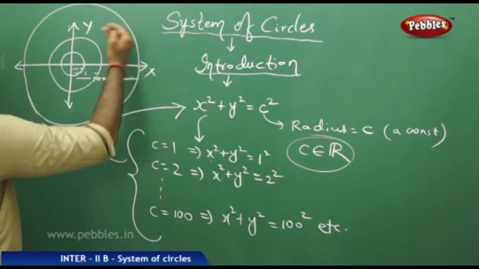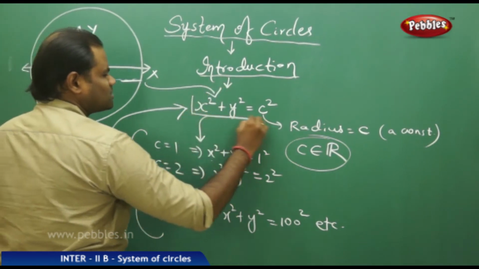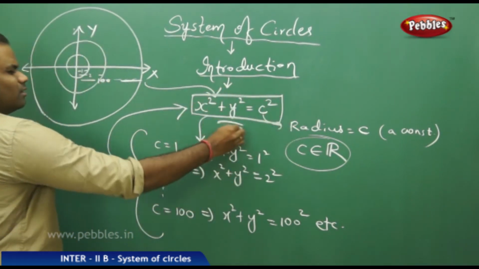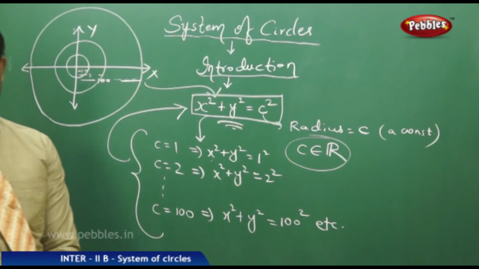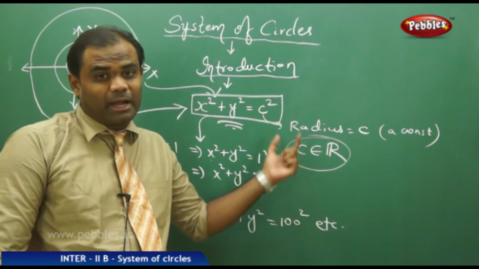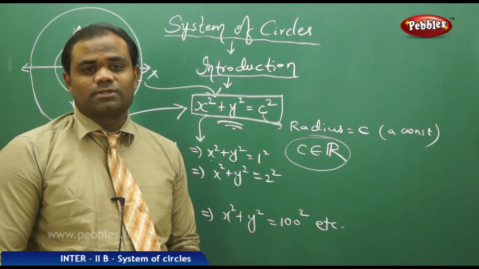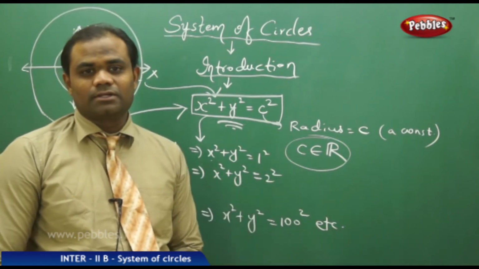The whole set of circles forms the system with the common equation x squared plus y squared equals c squared. Such equations, which are generally represented with a constant or parameter c belonging to real numbers, are said to be a system of circles. The value of c defines the whole system.